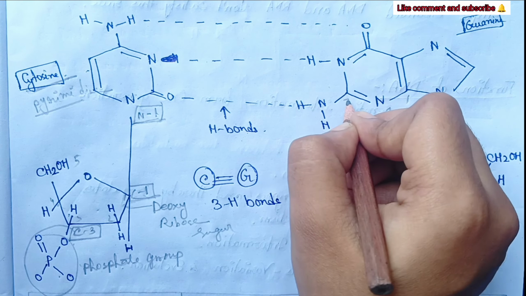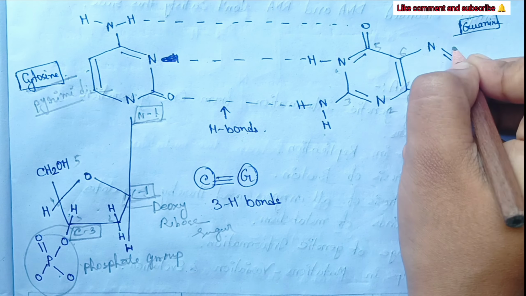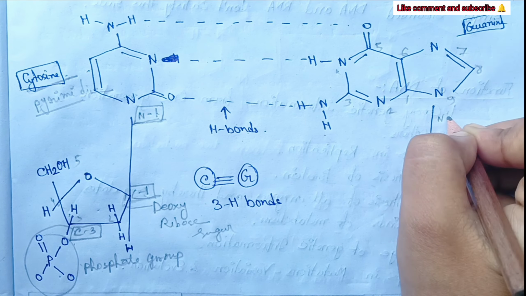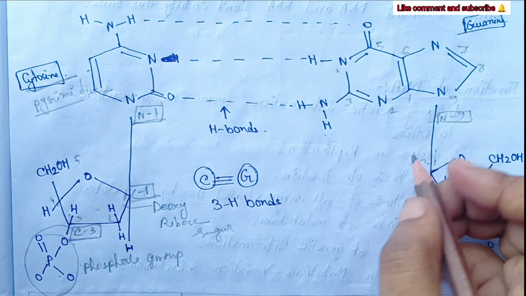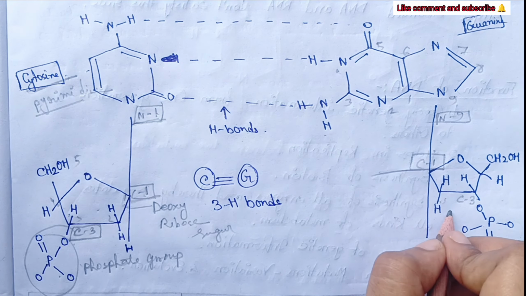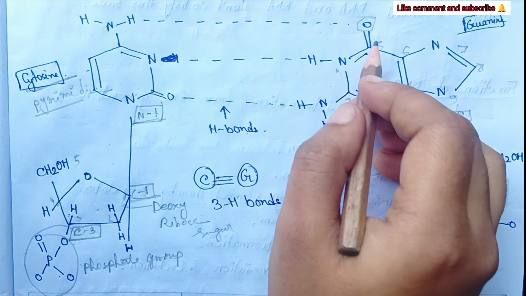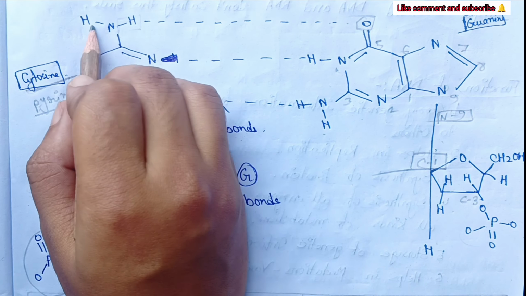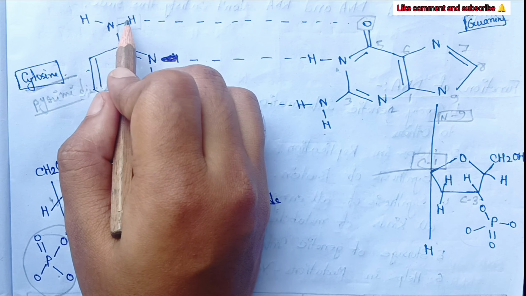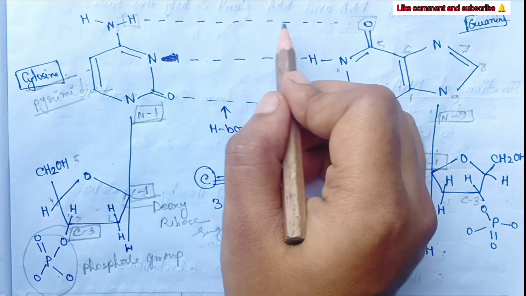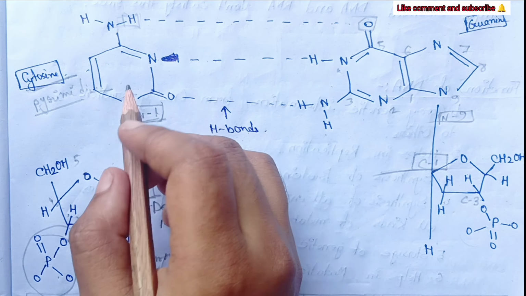This is 1 2 3 4 5 6 7 8 9; the N9 of the guanine molecule can bind with the C1 of the sugar molecule. And in this structure there is an O group, and an NH2 group, where there is a hydrogen bond, and the oxygen and hydrogen are bonded with each other.